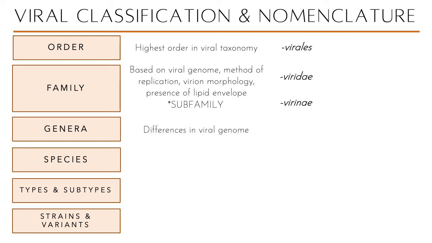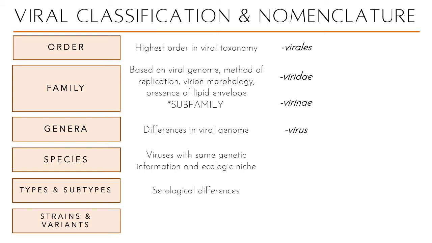The genera, which basically differ in the viral genome itself. It's called a virus. Some species, there would be a species based on this information. Then you have types and subtypes, which are based on serological differences, and the strains and variants would be the differences in the molecular characteristics of the nucleic acid.